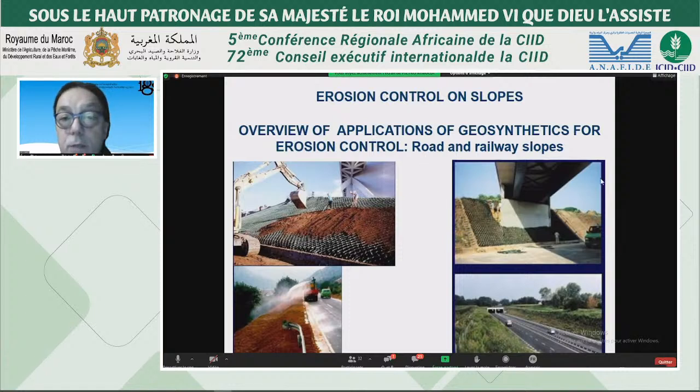Voilà d'autres exemples pour les routes et les chemins de fer utilisés pour stabiliser les pentes au-dessus de la zone aride.